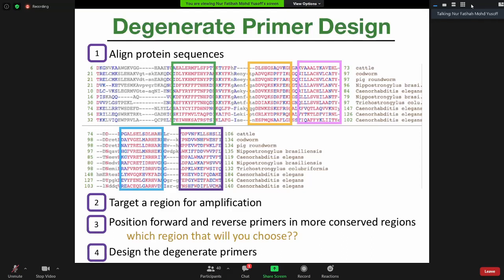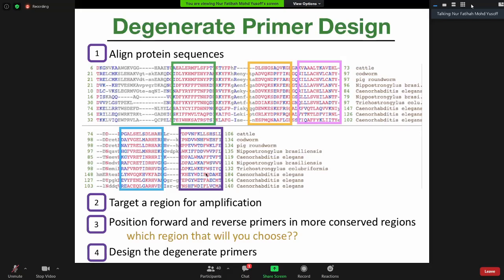Basically, Darmin said that it is not advisable to design the reverse primer in this region because the conservation is very low. Other than that, what is another reason? I'm not really sure, because my reason would be the same: the conserved region is less compared to the other boxes. A similar answer.